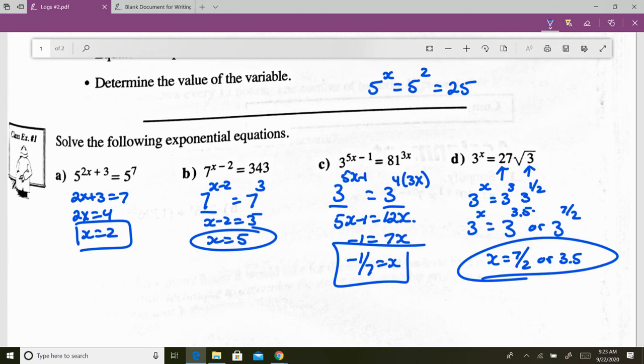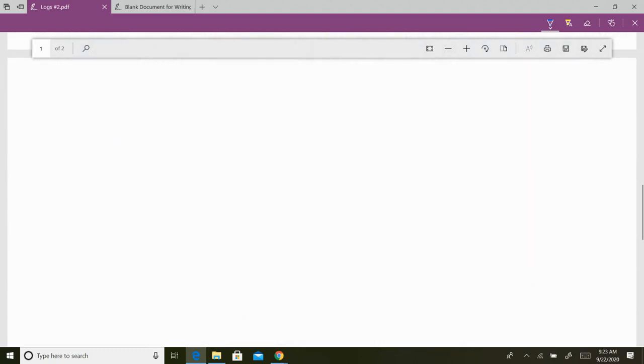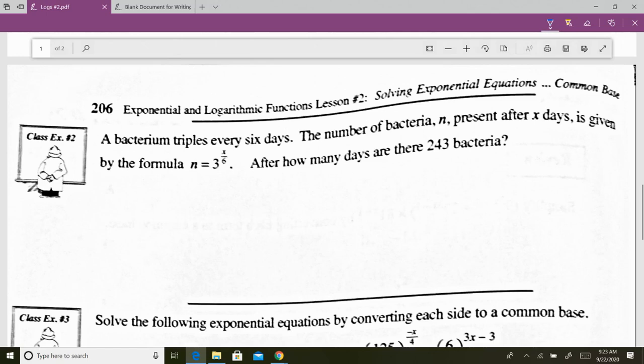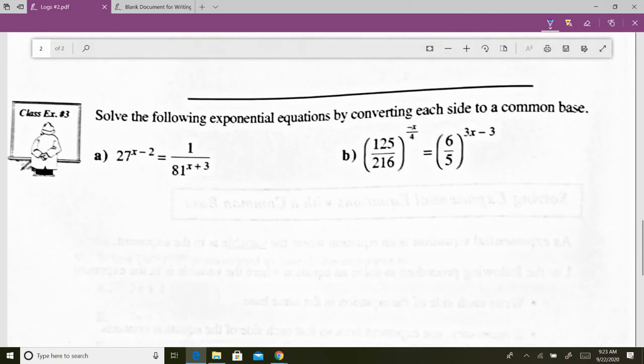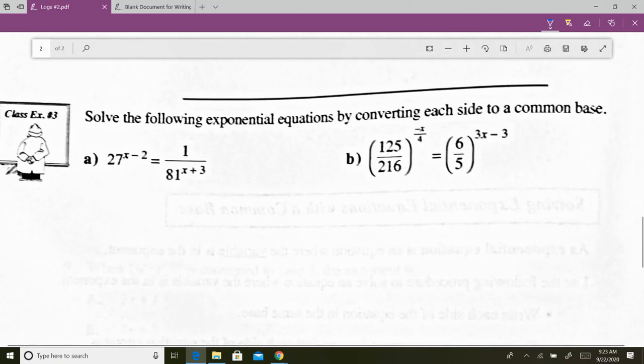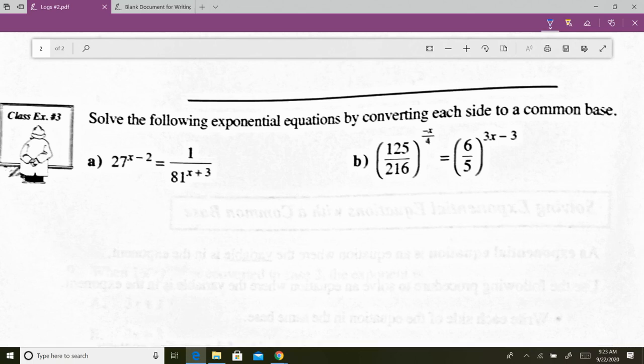All right, we're going to flip the page, please. I'm not doing this bacterium thing. I'm going to do these guys. Look at these fun things. All right. So is there any difference between these and what we did in the other page?